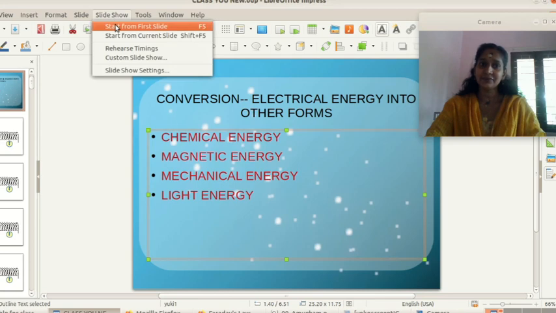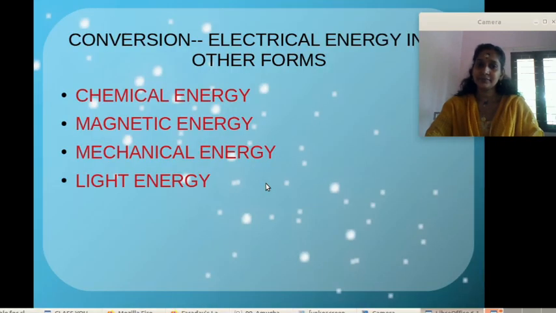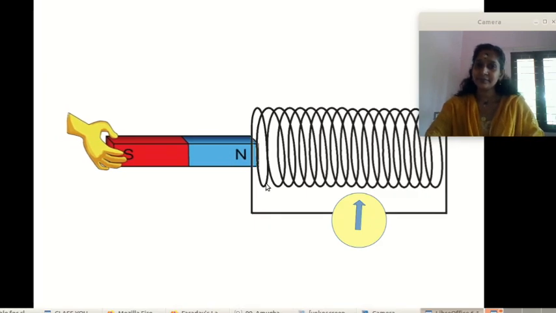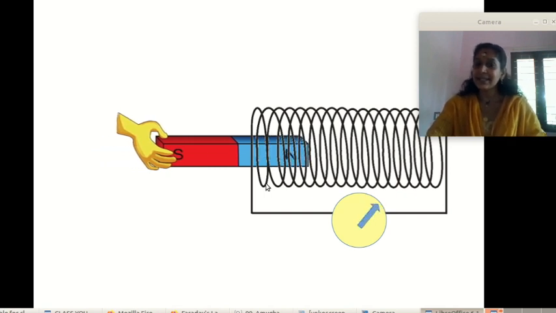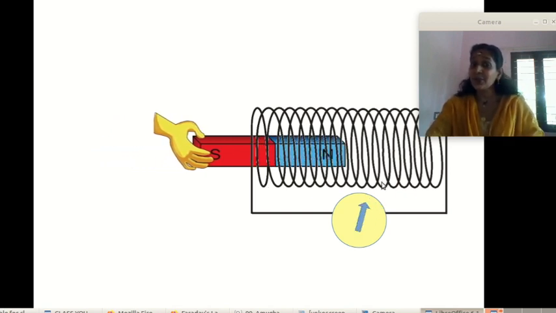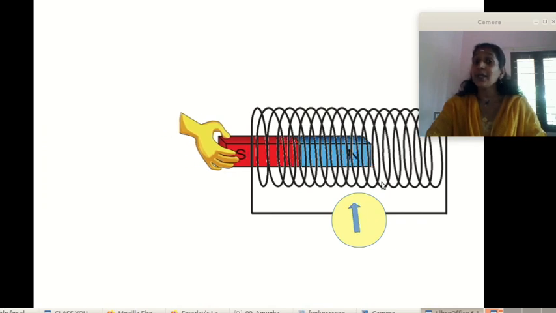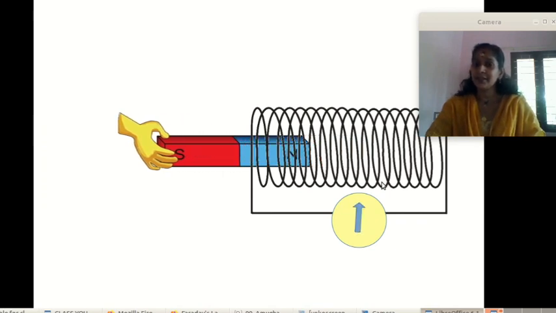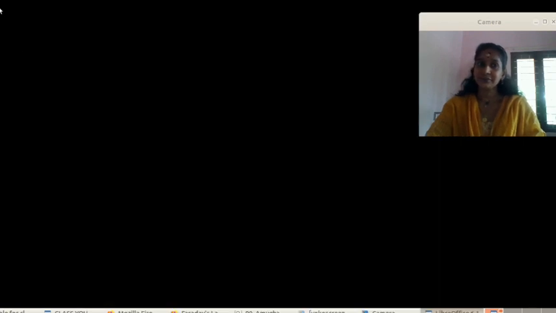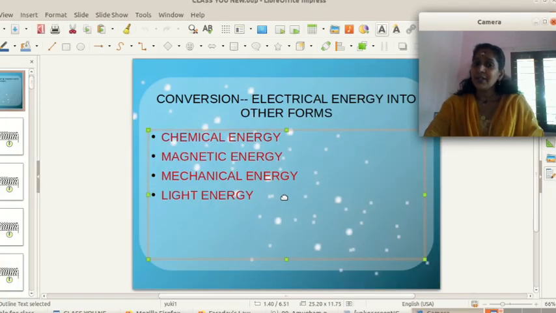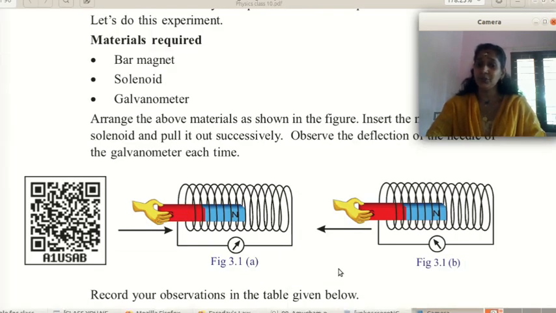Once again, while inserting this magnet into the solenoid, what happened? The needle of the galvanometer moved. When it is pulled out, that time also the galvanometer moved.